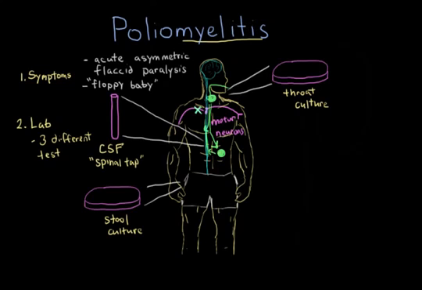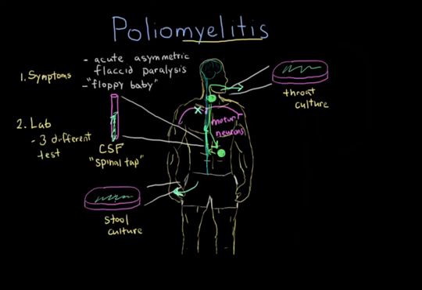So right there, that shows if you can isolate the virus in the CSF, cerebrospinal fluid, then that confirms your diagnosis. But also, because the virus can be shed through the mouth and in the feces, you can collect stool cultures or throat cultures as well. And stool cultures are one of the cheapest methods and fairly accurate, more accurate than throat cultures, in determining if a person is infected by the poliovirus. So stool cultures are fairly commonly used.